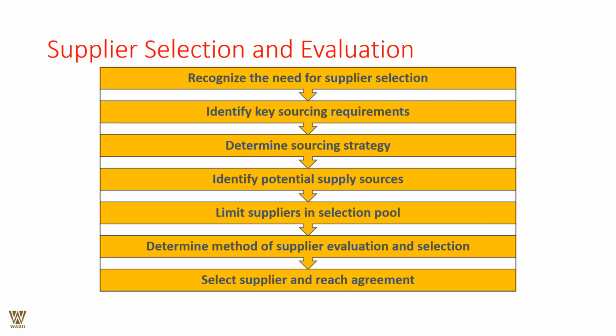Supplier selection and evaluation. Now, how do we go around it? First and foremost is to understand that we require a supplier. We need to hive off certain operations of our production, of our company per se. Depending upon that, we look for key resource requirements and identify them. We need to understand what sourcing strategy we are looking for.